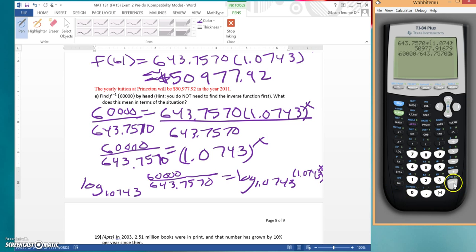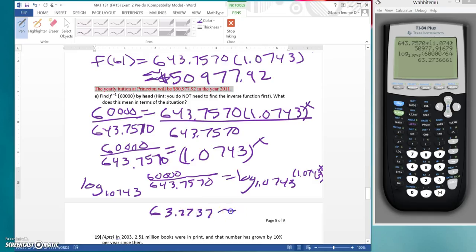Then we close our parenthesis and press enter. Now, this will give us 63 point, and we're supposed to round to 4 decimal places. So it'll be 63.2737. And that would be approximately what x equals, because we know this side would simplify out.